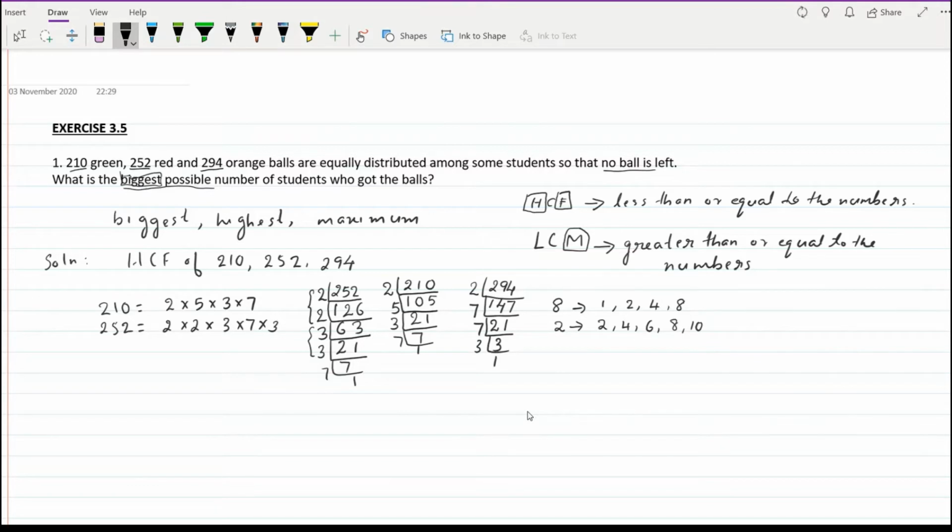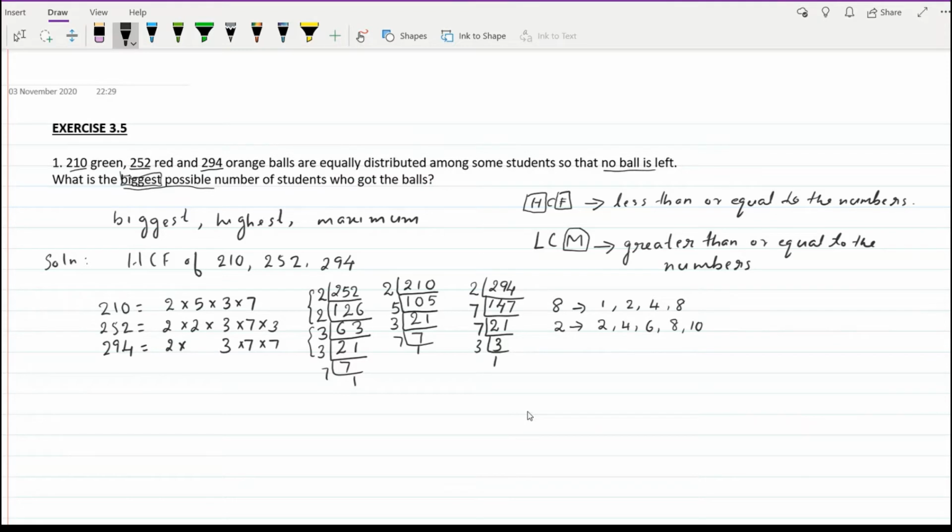So 294 we can write as a product of primes, that is 2 into 7 into, so 7 I am writing here, 7 I am writing into 1 3 is there and one more 7 is there. So anyway you can write anywhere, no matter, but I arrange the numbers for finding the HCF easily.